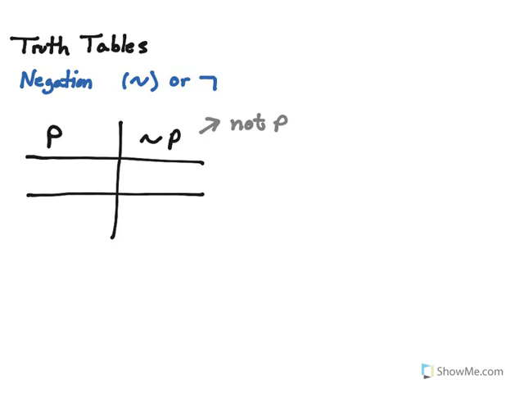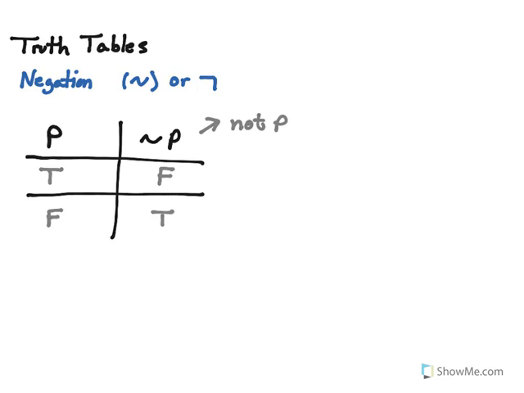Let's say that we have a true proposition, and its negation is going to be false. So a true proposition automatically becomes false when we negate it, and the opposite holds true. If we have a false proposition, whatever that is, the negation will always make it true.